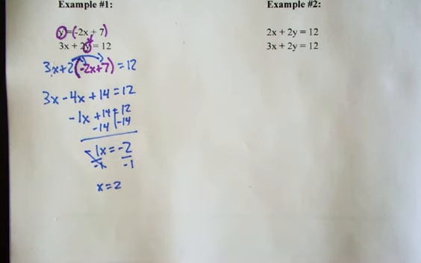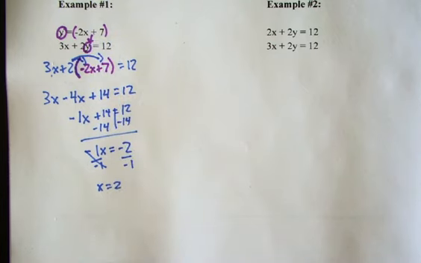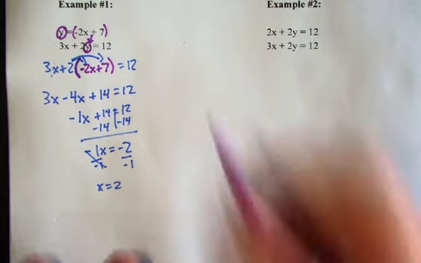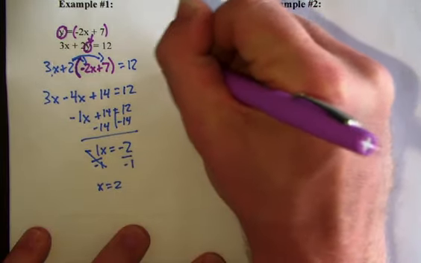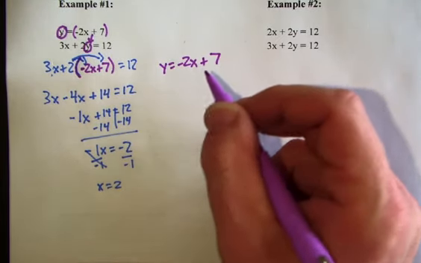All right? Well, now we can take this, that x equals 2, and we can plug it into either of these equations to solve for y. I'm going to do it in the first one, but you can do it in either one. So I'm going to come back to this first equation, which is y equals negative 2x plus 7, just because this is going to be an easy one to solve if we know the x. All right?